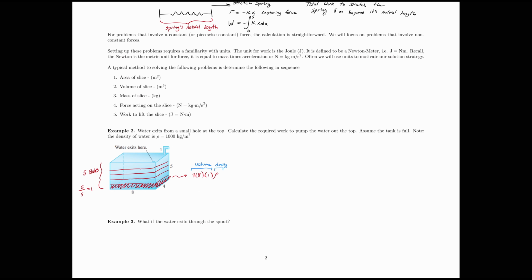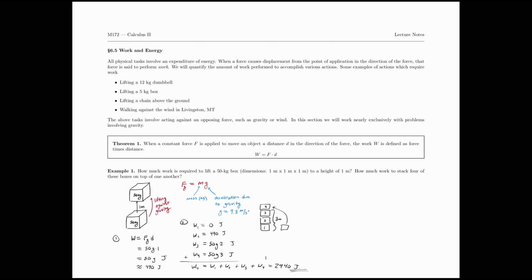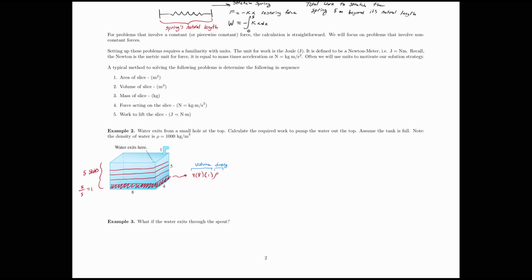So now it's exactly like this problem over here, where we know how much the slab weighs and we know how far we have to lift it. So for this bottommost slab, this has to be lifted up here. Okay?